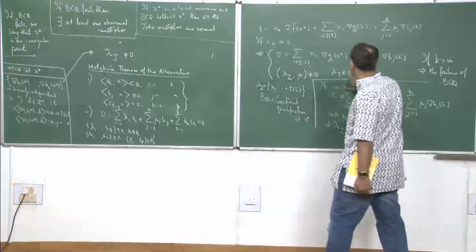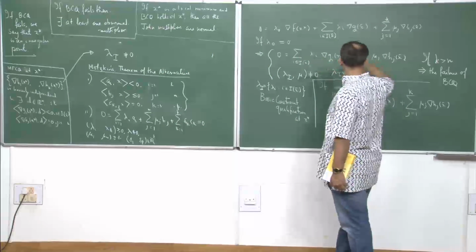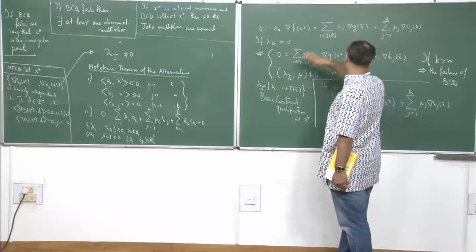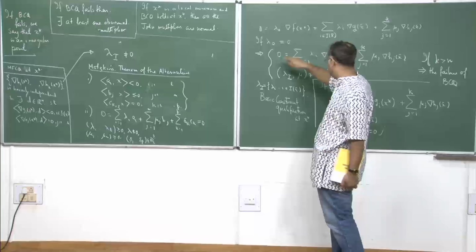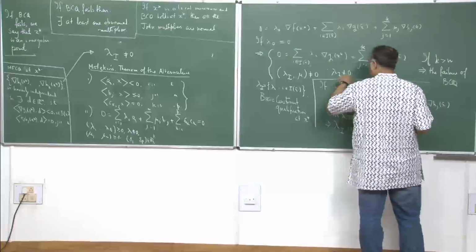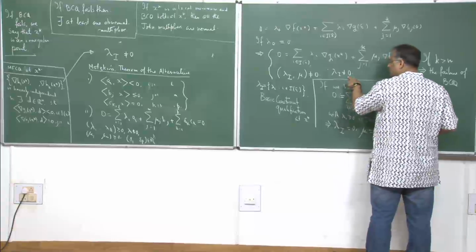So, once I know that this is not equal to 0 and this is equal to 0, I know that this system, so there is lambda I vector not equal to 0.